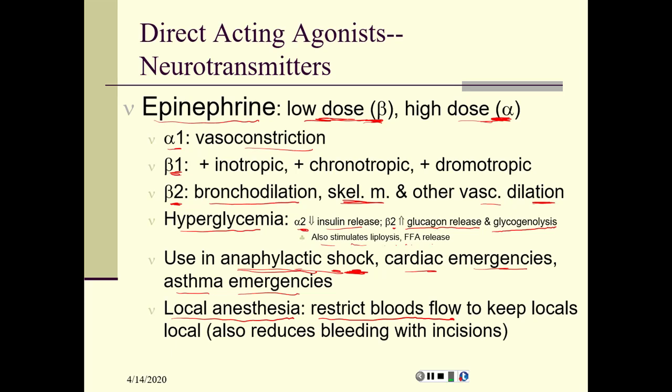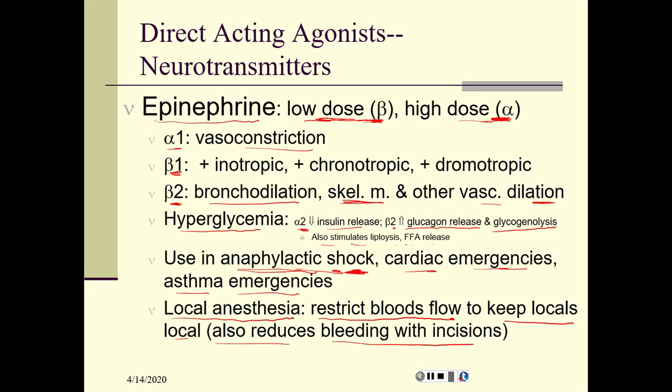That local anesthetic will stay as long as it stays in place, and its actions are terminated by blood flow coming through the area. So if you give a vasoconstrictor along with it, that reduces the blood flow and makes the local anesthetic last longer. I said it keeps locals local. It also reduces bleeding due to the vasoconstrictive effects when given locally.